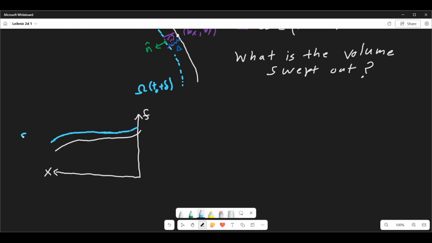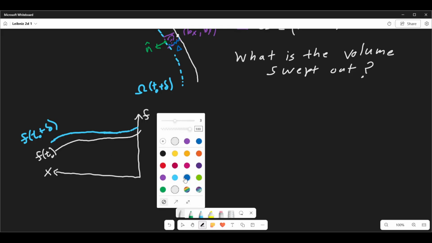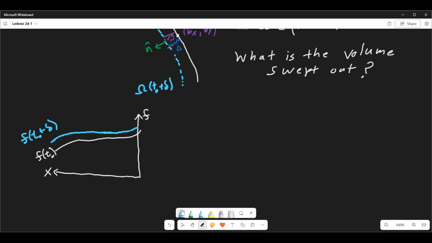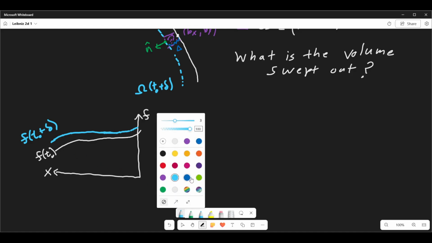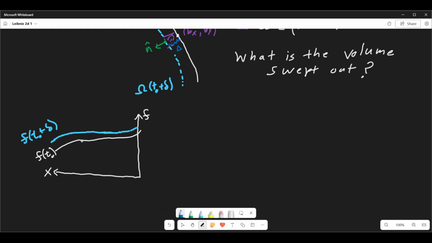So this is f of t naught plus delta, and this is f of t naught. So suppose there's also this boundary here. I'm actually going to do that in a different color. So here is the boundary.